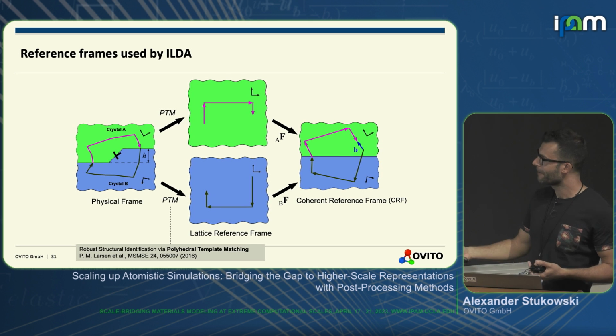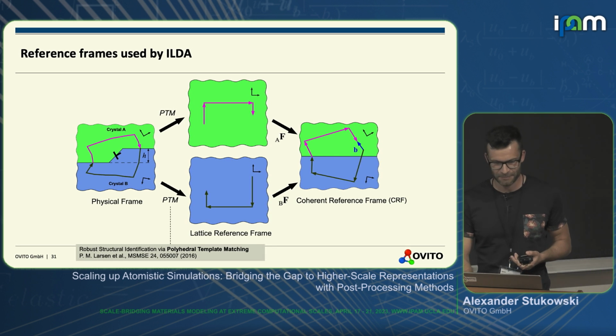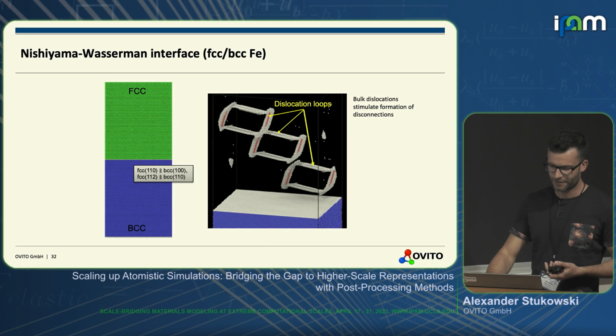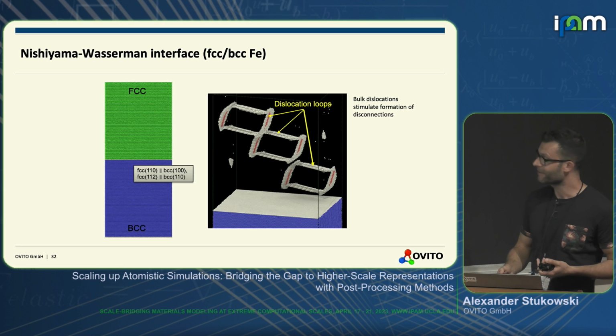That's where the closure failure, the Burgers vector, is calculated, and we have two affine mappings, A and B, that can either be specified by the user or can be automatically determined by the method from the strain field surrounding the interface.